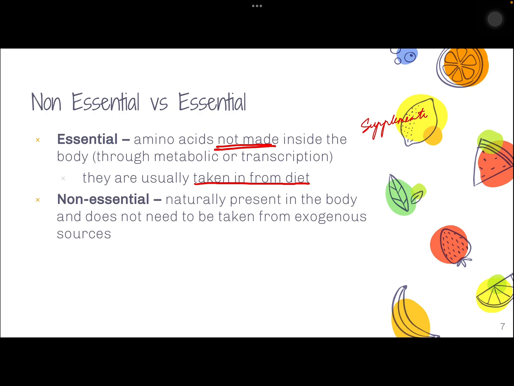In contrast, we have non-essential amino acids, which are naturally present in the body and do not need to be taken from exogenous sources. Meaning there are biochemical reactions happening inside the body which can produce your non-essential amino acids.